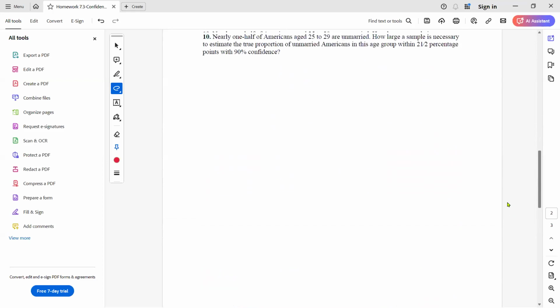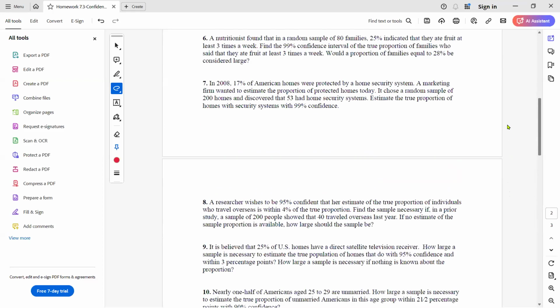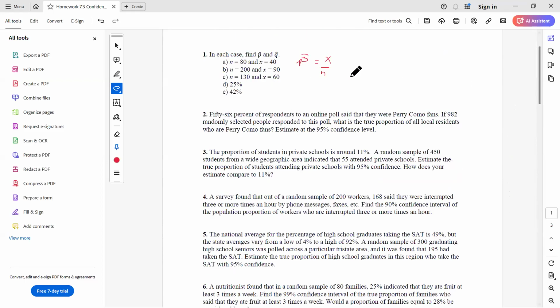Here, she didn't specify on D and E which is which, whether this 0.25 is p hat and whether this is q hat or whatever. But for the sake of our purposes, it doesn't matter as long as you label one or the other.